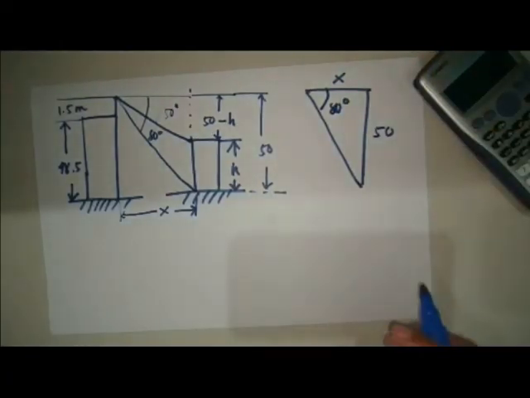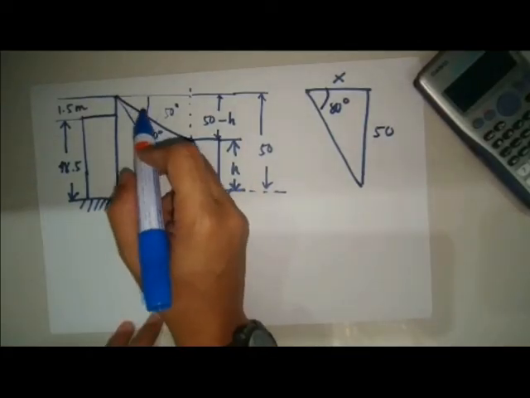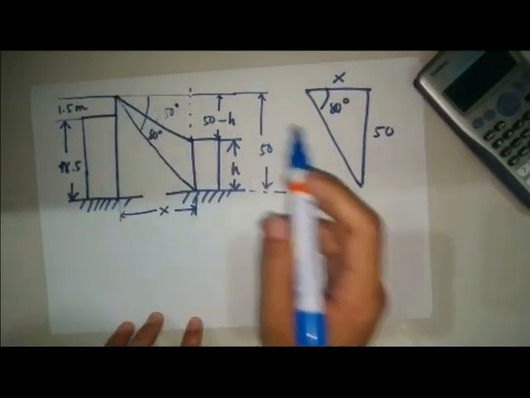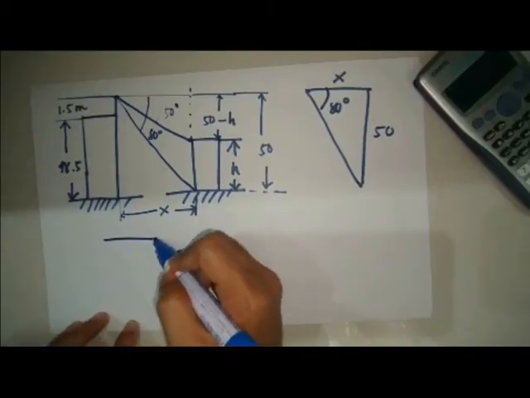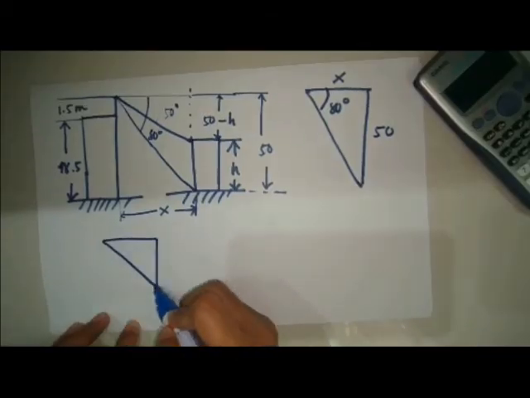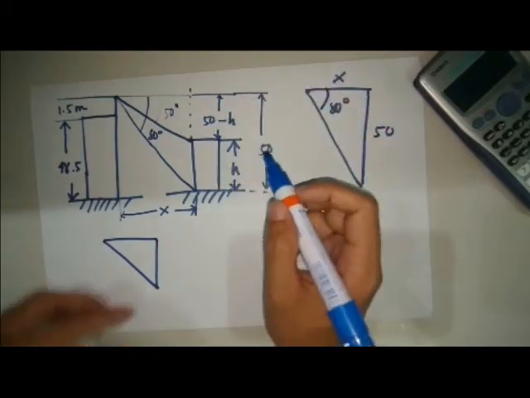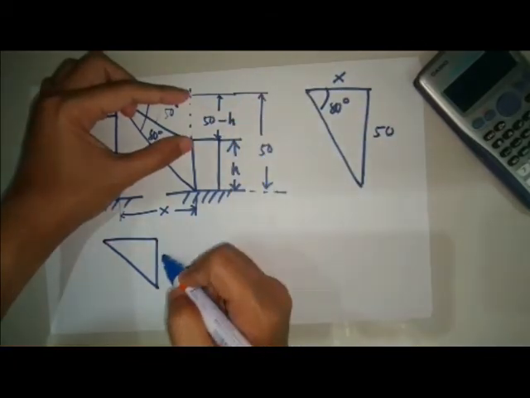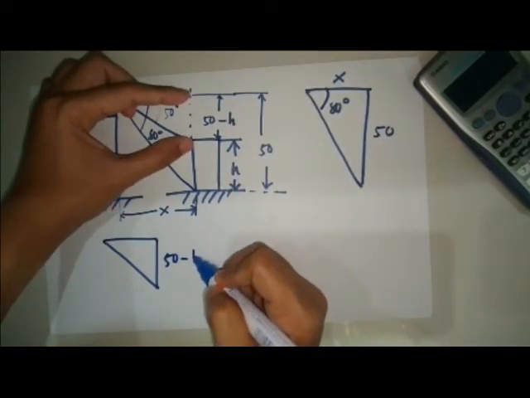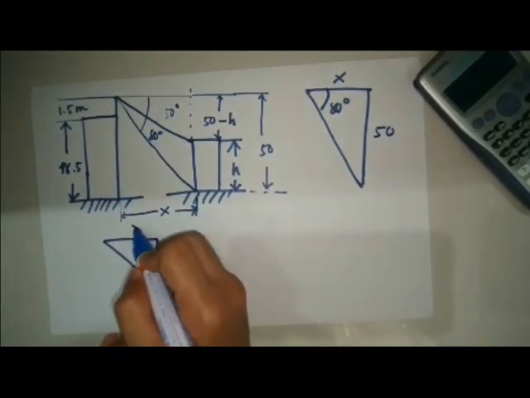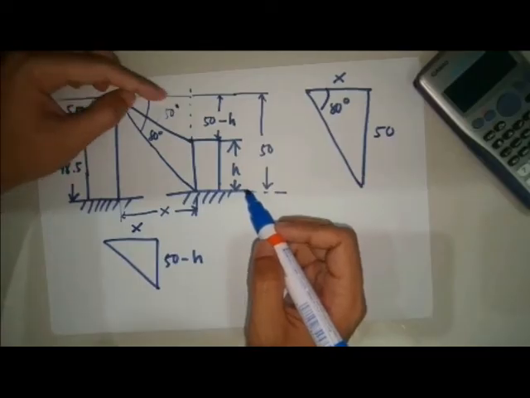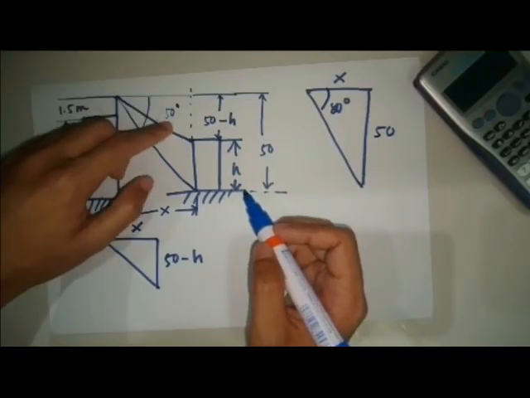That is our first triangle. The second triangle is the small one, where the side is 50 minus h, the base is x, and the angle is 50 degrees.